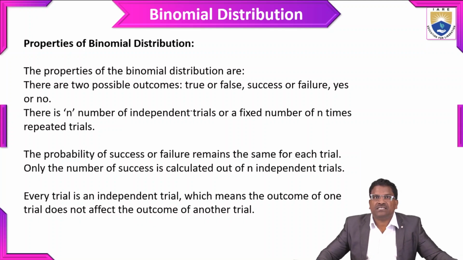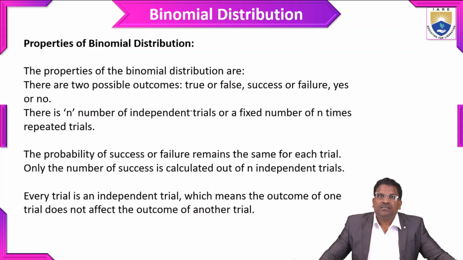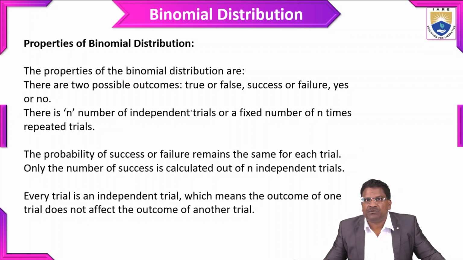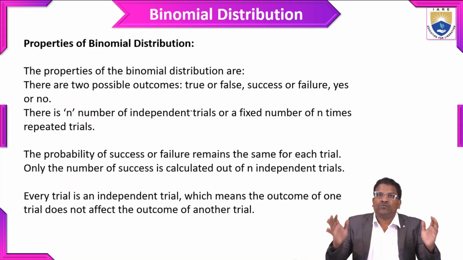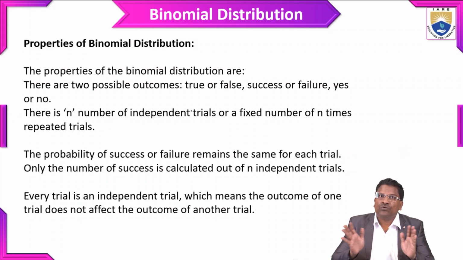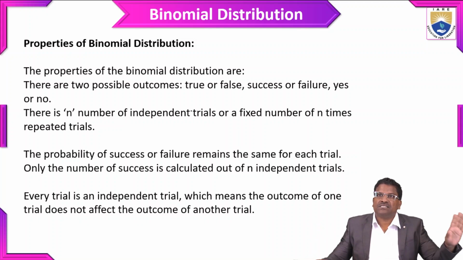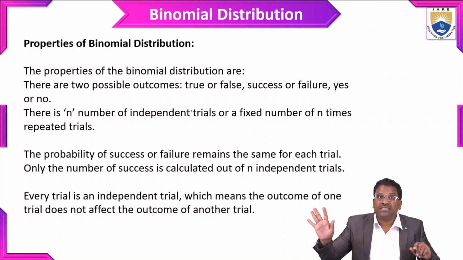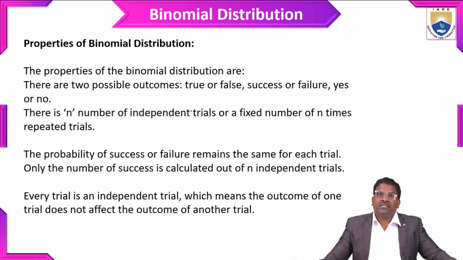Now let us discuss properties of binomial distribution. The properties of the binomial distribution are: there are two possible outcomes, true or false, success or failure, yes or no. There are n independent trials, or a fixed number of n repeated trials.